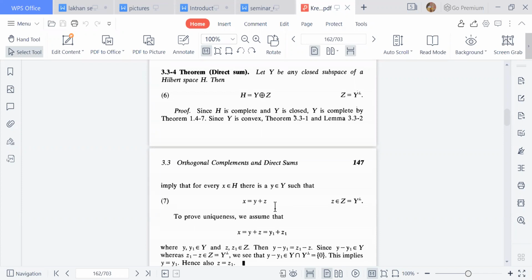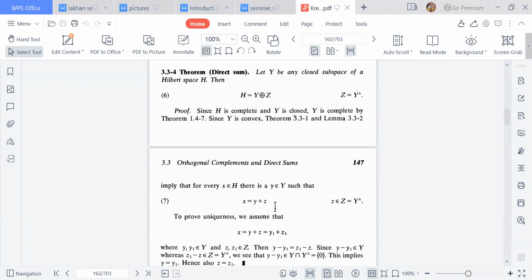That is, x is equal to y plus z, then we do not have any other elements y1 or z1 such that x is equal to y plus z1, or x is equal to y1 plus z, or x is equal to y1 plus z1. That is, this representation should be unique. In that case, we can say that H is direct sum of Y and Z.